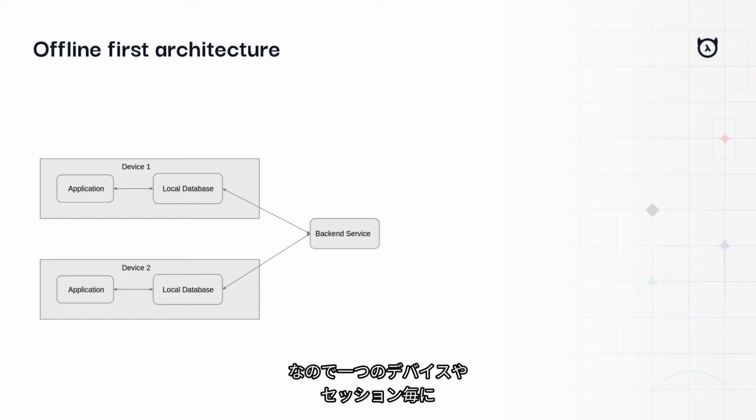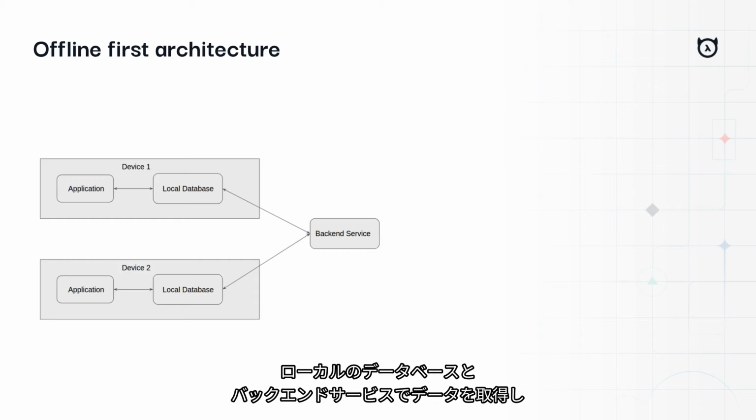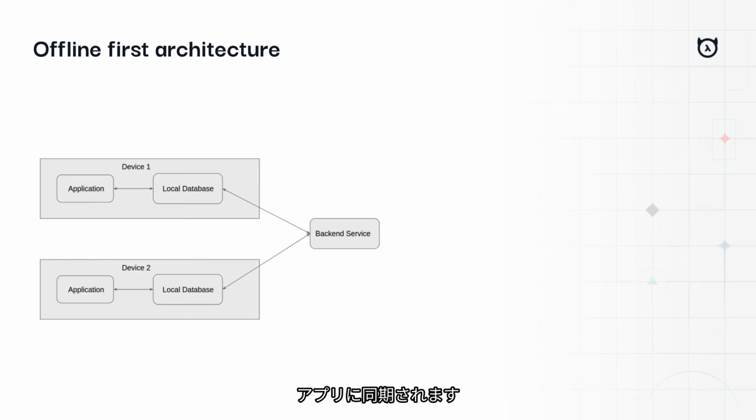Each individual device or session will have its own local database created and set up, and the application will be connected to the local database for data syncing and data fetching. And the backend service would be the interface for both of these devices, and the local databases will communicate with the backend service to fetch data and to keep the application in sync.